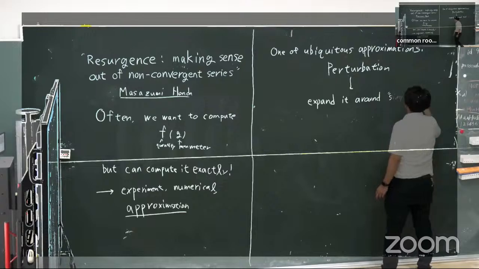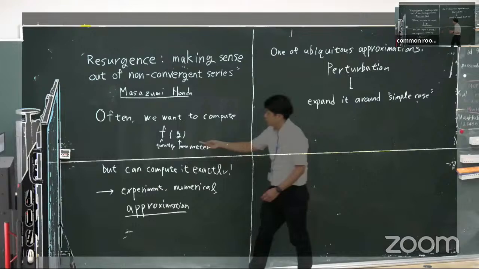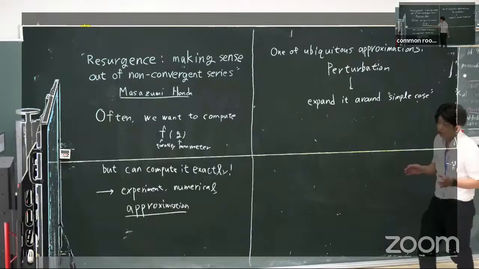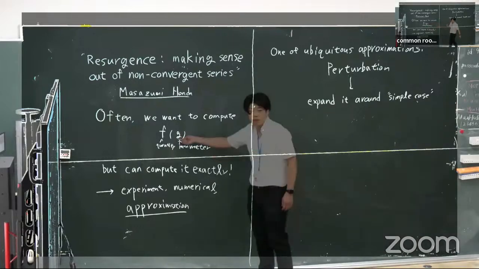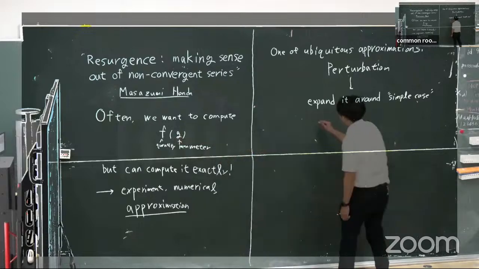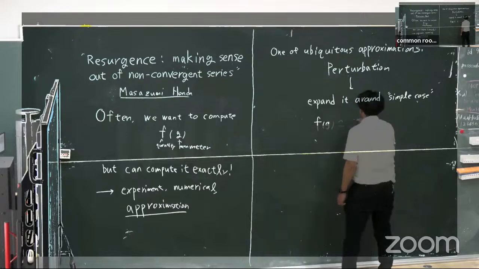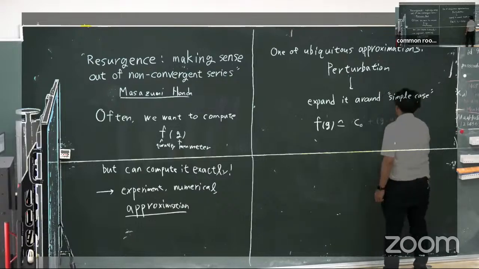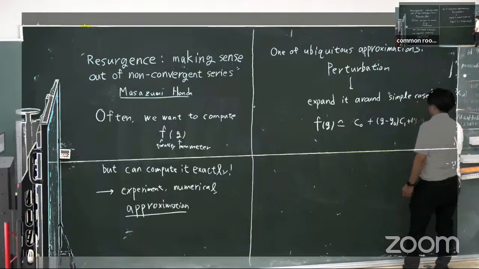For example, when g is a coupling constant, or the strength of interaction, quite often we start with the non-interacting case and expand around the free theory. So schematically, we typically have this kind of series.